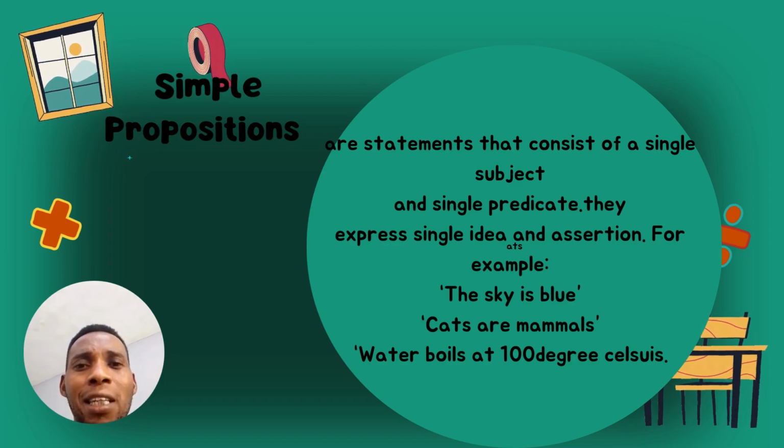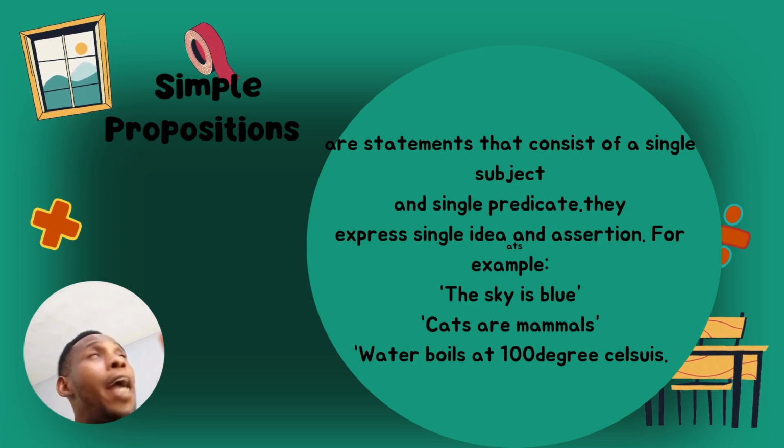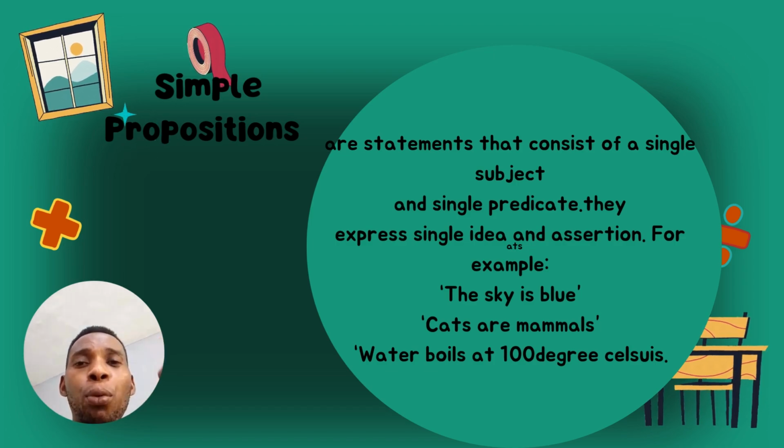They express single ideas and assertions. For example, the sky is blue. The sky is blue is an example of a simple proposition. Cats are mammals. Another one, water boils at 100 degrees Celsius. All these are examples of simple propositions.